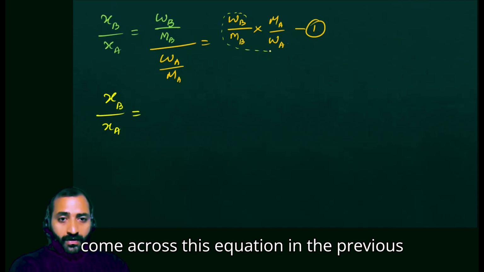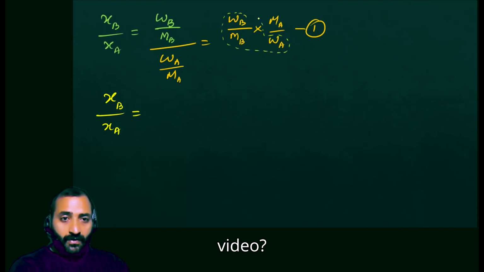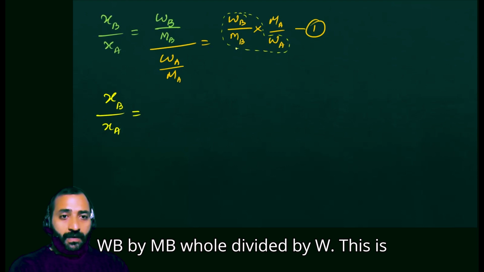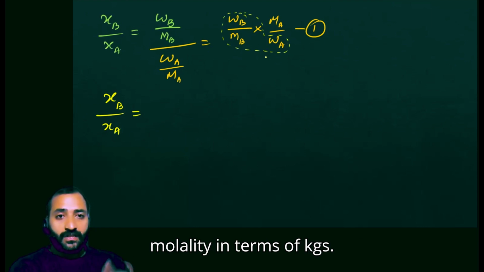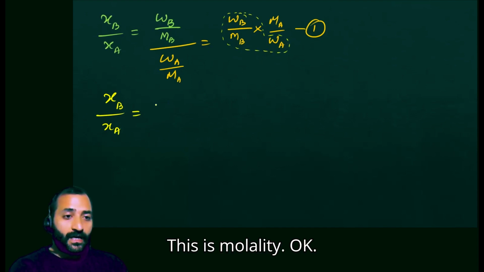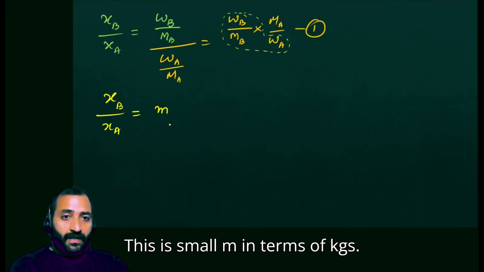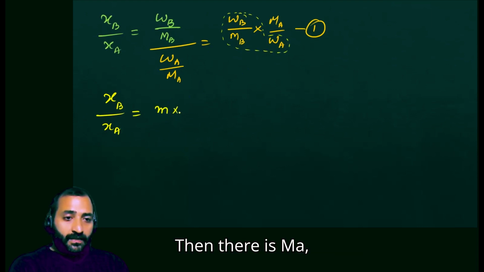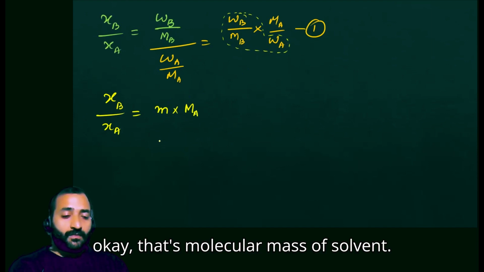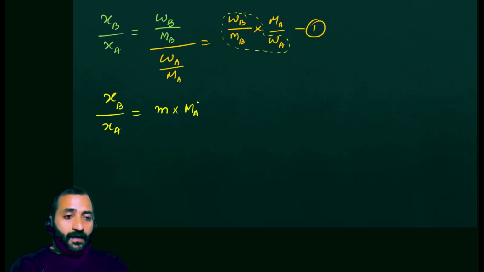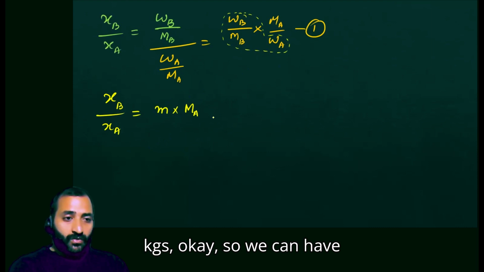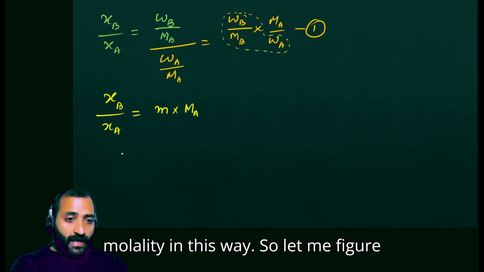Have you come across this in the previous video? Wb by Mb whole divided by Wa, this is molality in terms of kgs. This is small m in terms of kgs. Then there is Ma, the molecular mass of solvent. So we can have molality in this way.